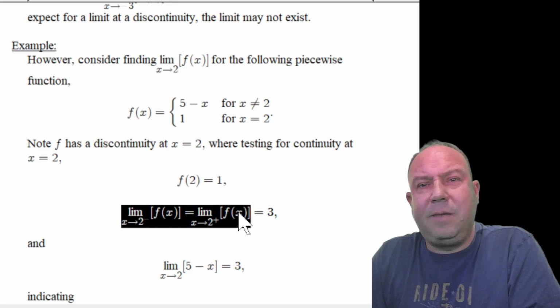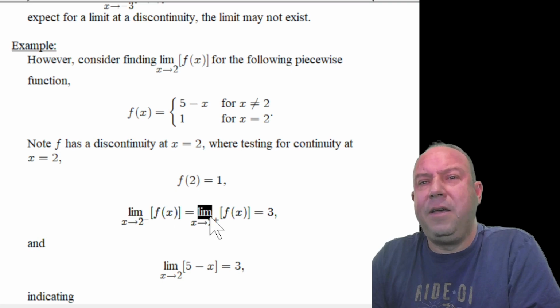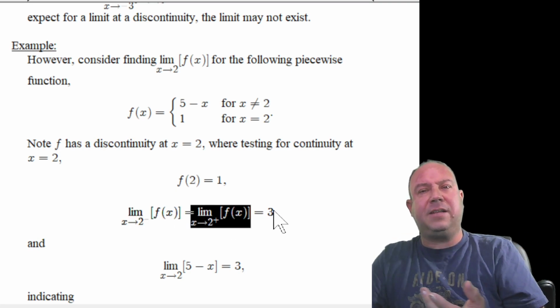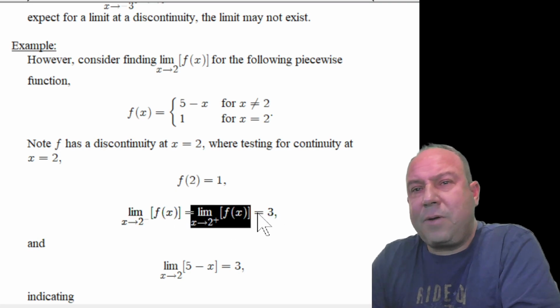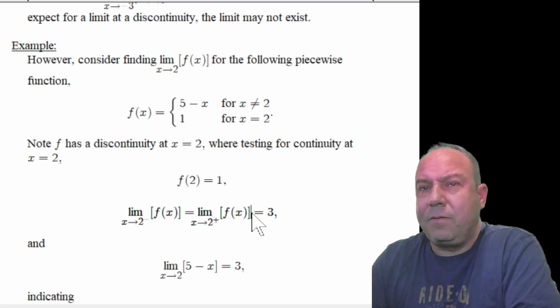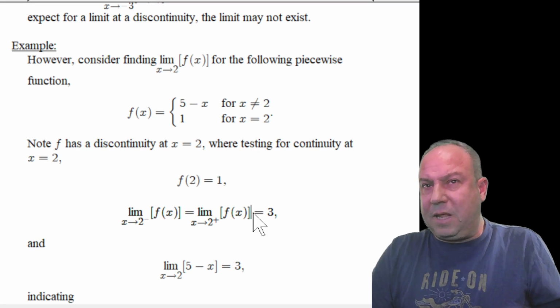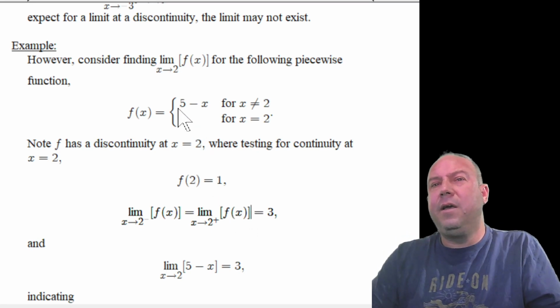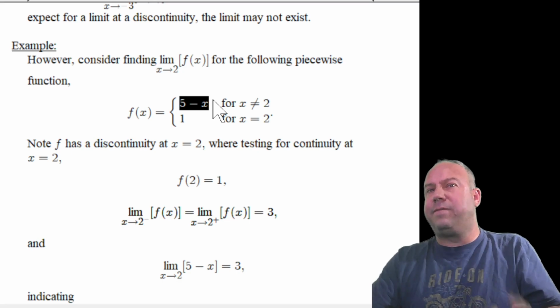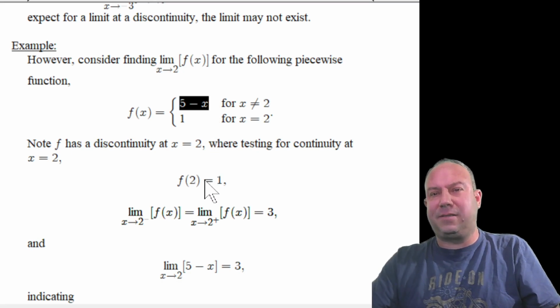The limit from the left-hand side for our function and the limit from the right-hand side for our function illustrate linear behavior along this linear function for the case of 5 minus x.